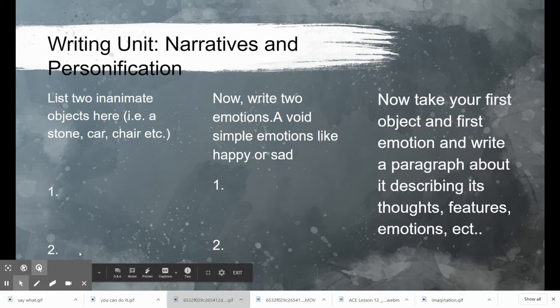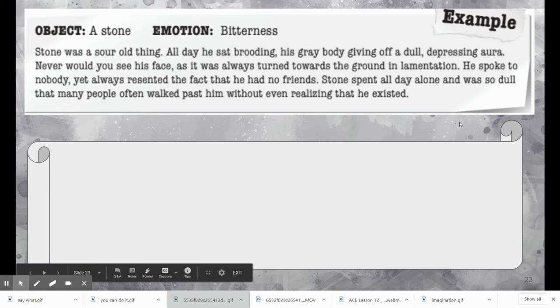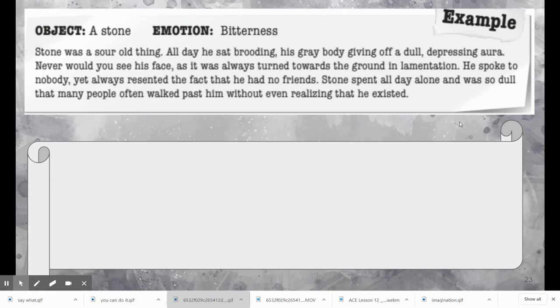Let's take a look at an example. Let's say that I have my object, a stone, and I have my emotion, bitterness. I can go ahead and write my paragraph explaining how the stone is emoting bitterness without actually using the word bitter or bitterness. Stone was a sour old thing. All day he sat brooding, his gray body giving off a dull, depressing aura.